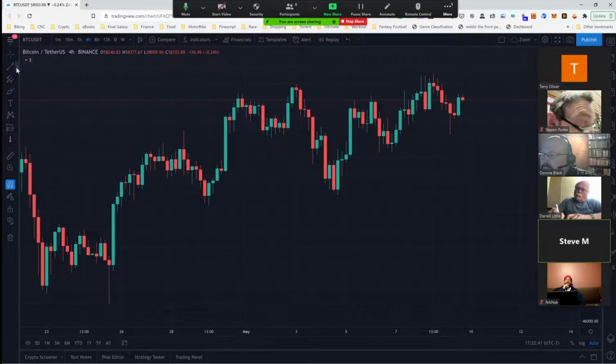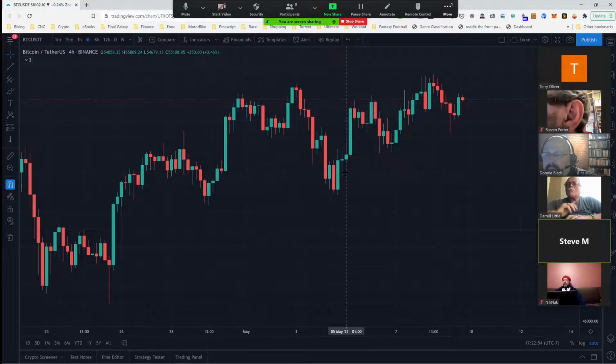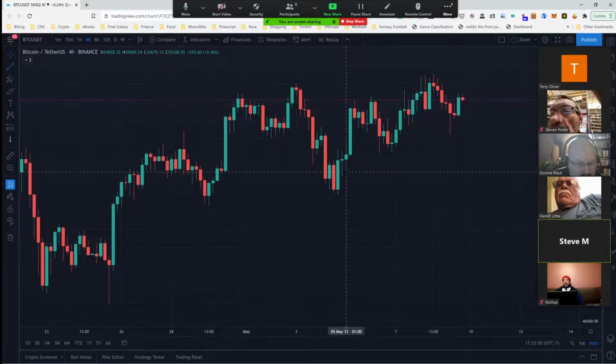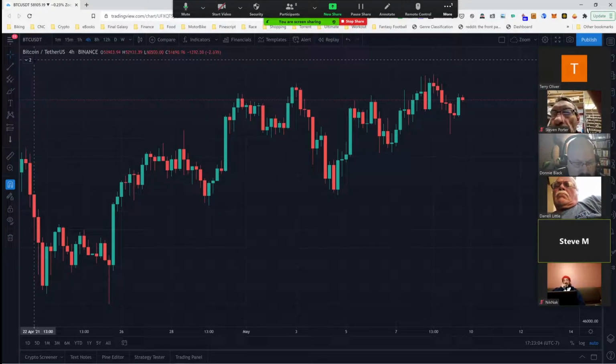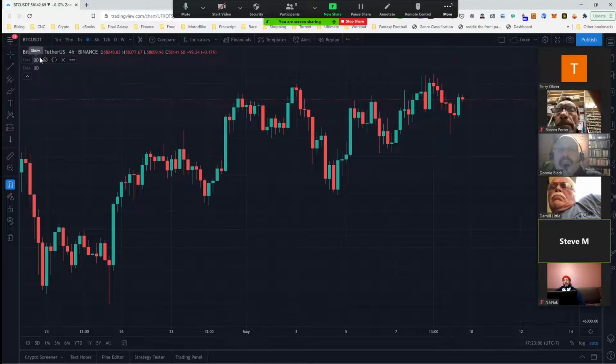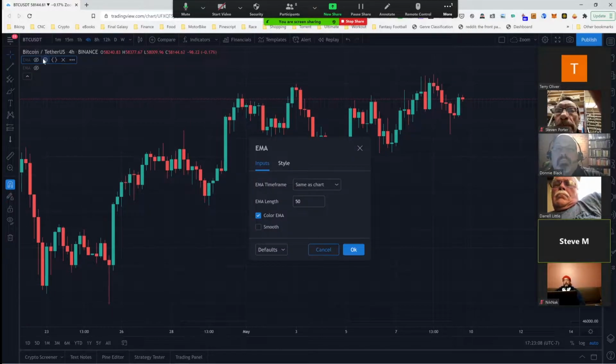The way that I identify trend typically involves a combination of moving averages and Williams accumulation and distribution, but that's super complicated and gets kind of technical. But one that is really, really close to that is the 50 period EMA.